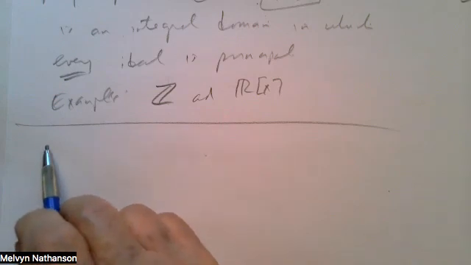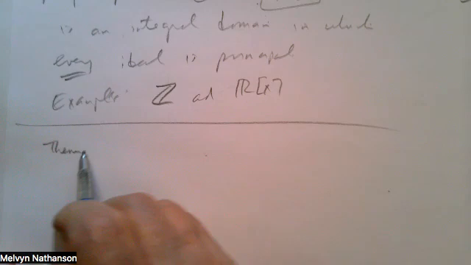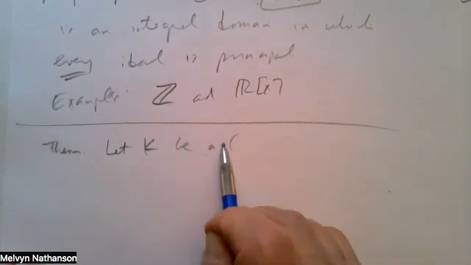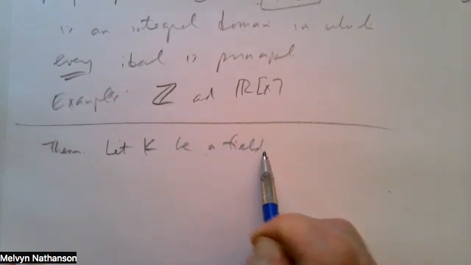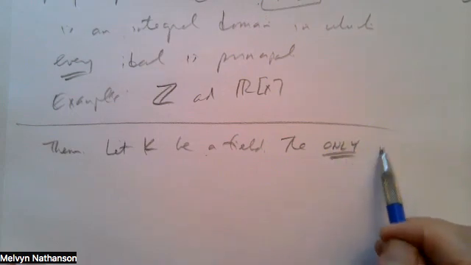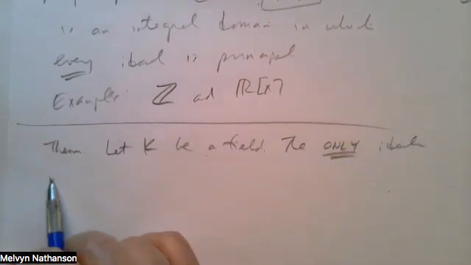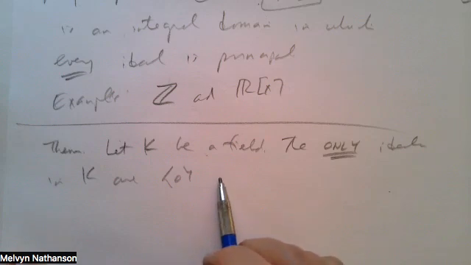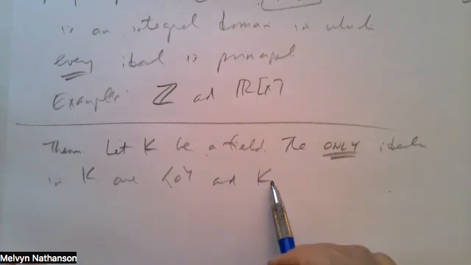So here's a very simple theorem. It's nice to prove. Let K be a field. The only ideals in K are the trivial ideals, the ideal that consists just of 0, and the ideal which consists of every element in the field.